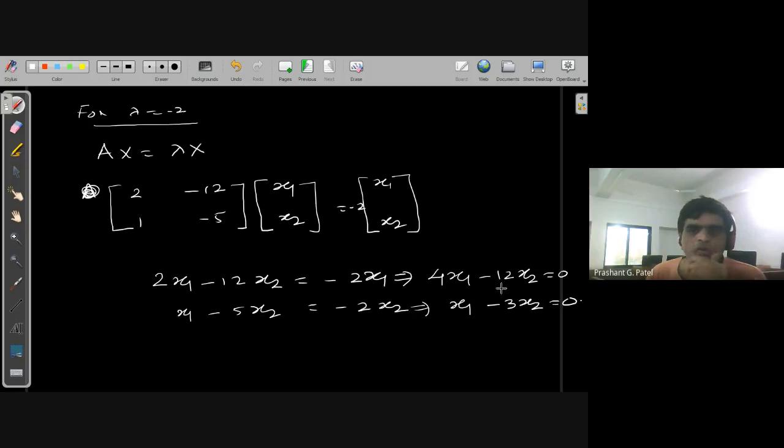You can take the 4 common out, and these two equations represent the same equation. Therefore we have x1 equal to 3x2.